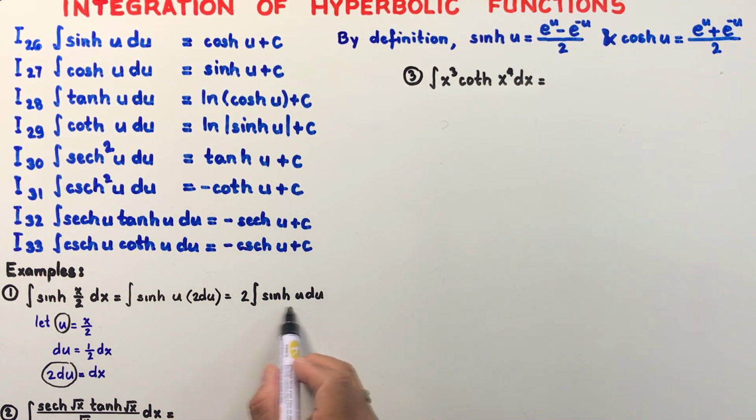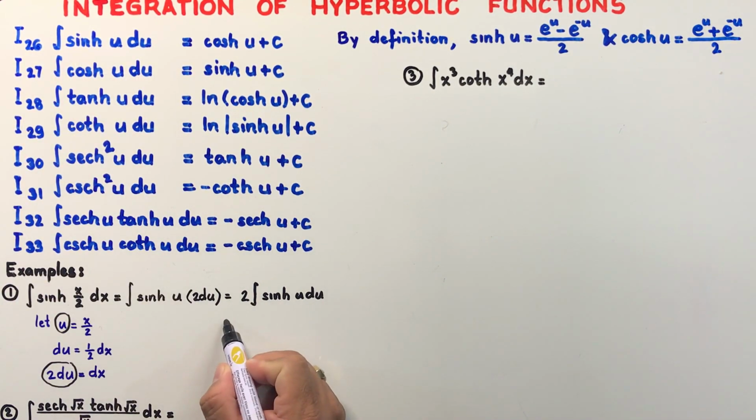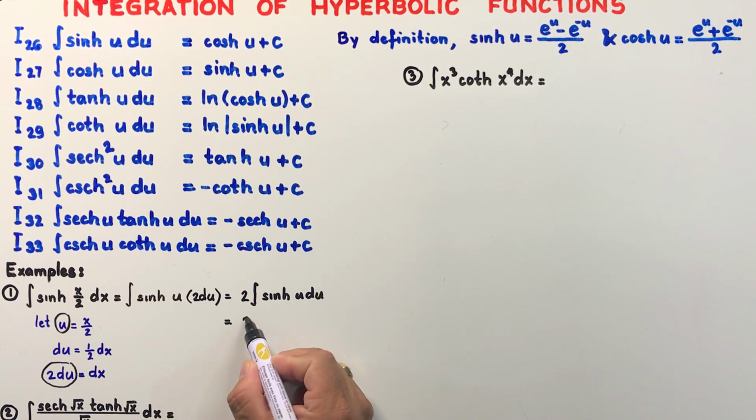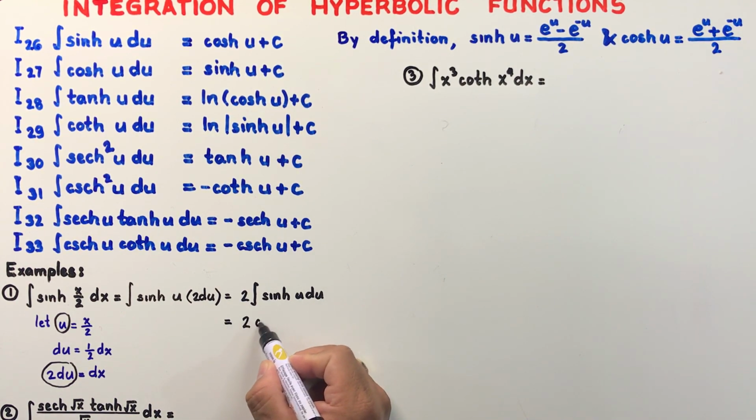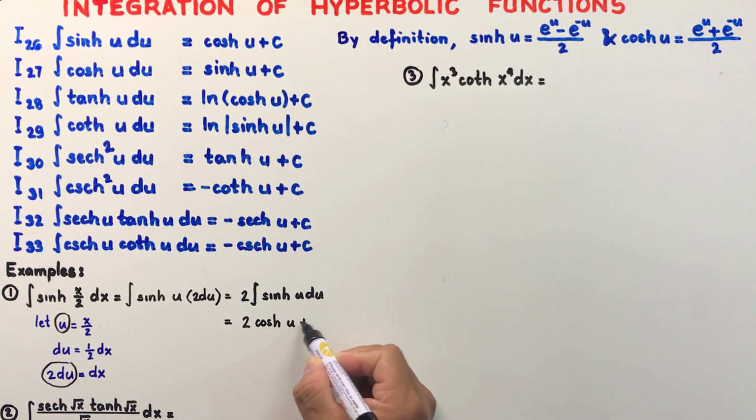Thus, this form resembles our first formula there. So, therefore, our integral is the hyperbolic cosine of u plus the constant of integration c.